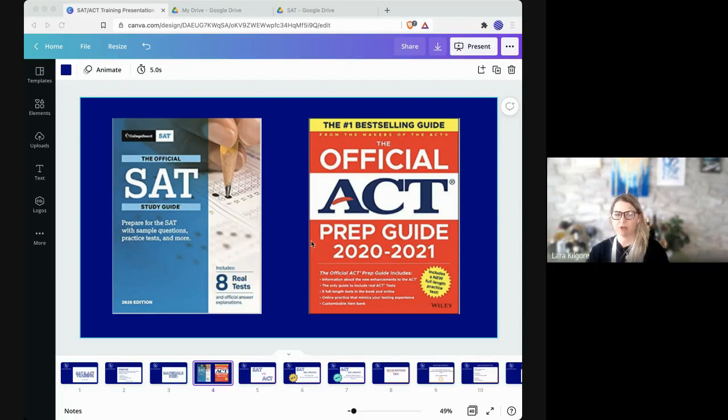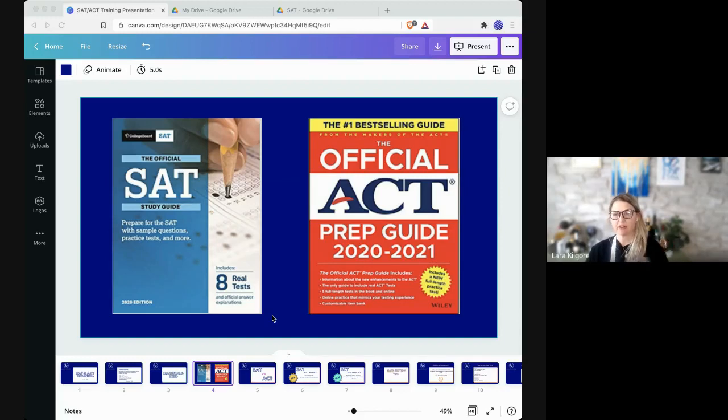Both of these books are under 25 bucks, so it's not a huge expense for a family getting private test prep tutoring. More often than not, they'll have these books already, or we just get them to order them real quick. In terms of you having access to them, we give these to you. We'll give you a copy, and you'll have it for all time.